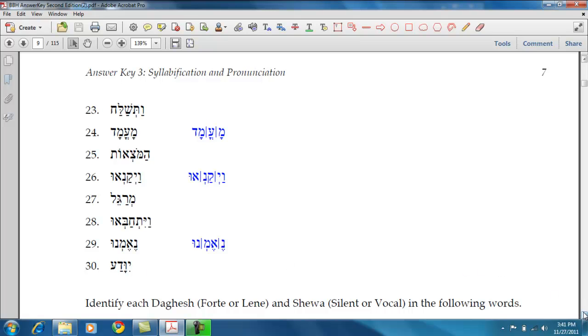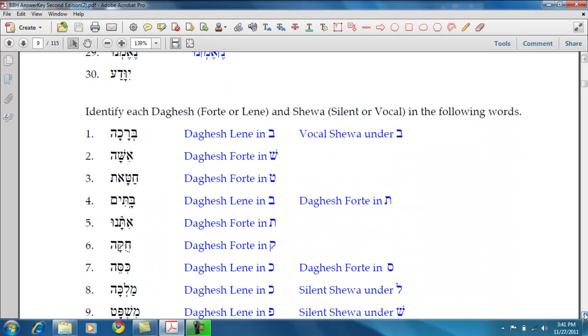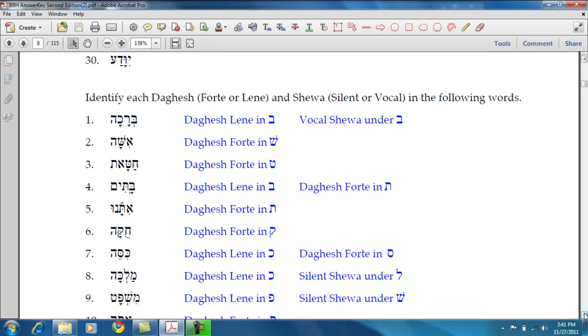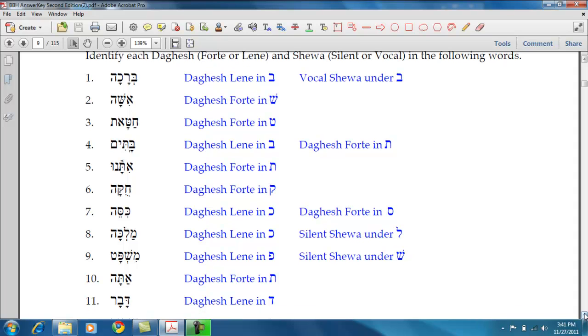Okay, so next section we're going to go into, let's go ahead and identify whether it's a dagesh forte or dagesh lene in these letters, and whether the shvas are silent or vocal, just to make sure we look at the rules and we understand how everything works. So we're going to start with the first one. It's beracha.